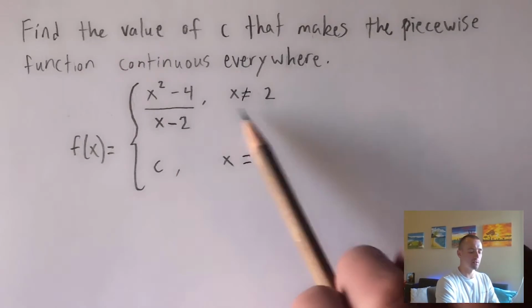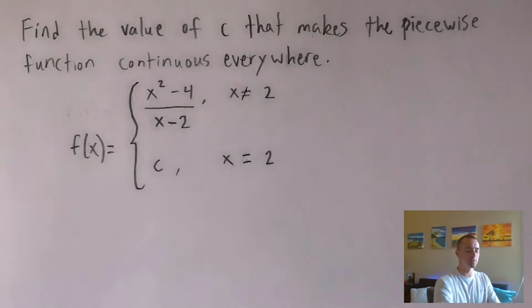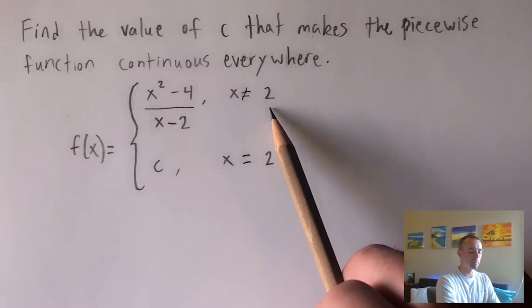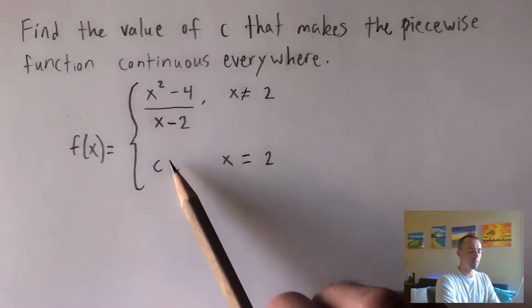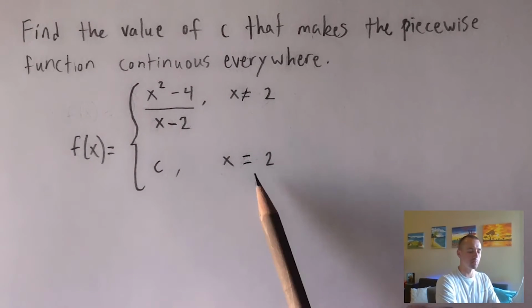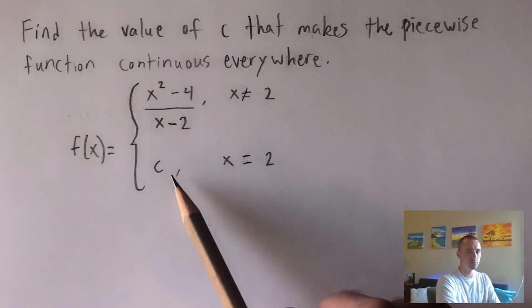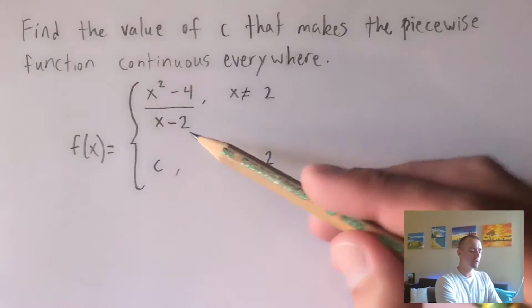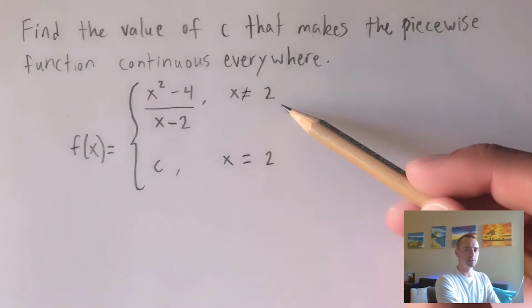If it's not continuous when x is 2, that's okay, because that's not part of this restricted domain. So how do you figure out if this piece is continuous in its domain?